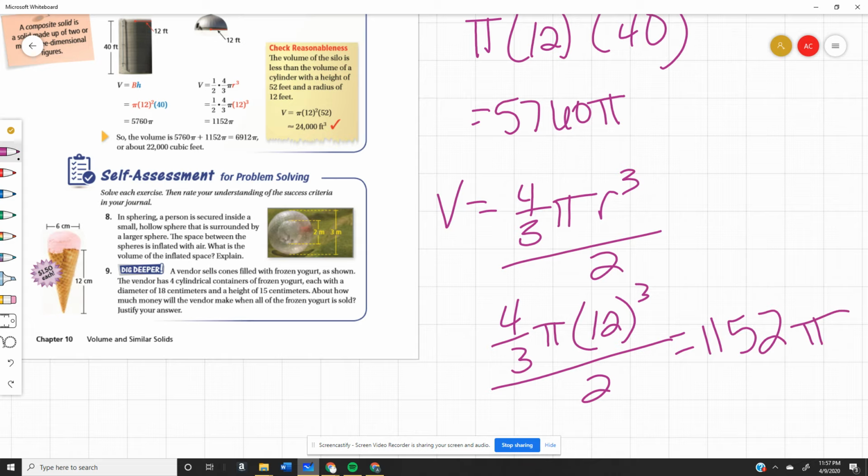Now you notice nowhere in there did I multiply by pi. I left my answer in terms of pi. Because I'm going to add this one and this one together, it's easier to leave them in terms of pi. So I'm going to add that 1152 plus the 5,760, and I get 6,912, and it's still in pi.